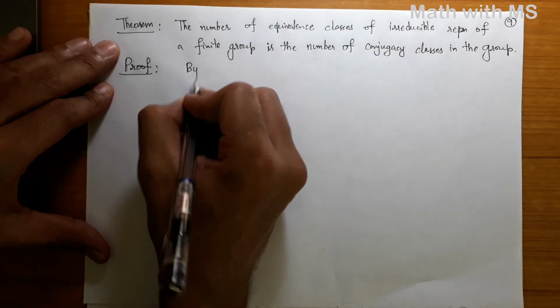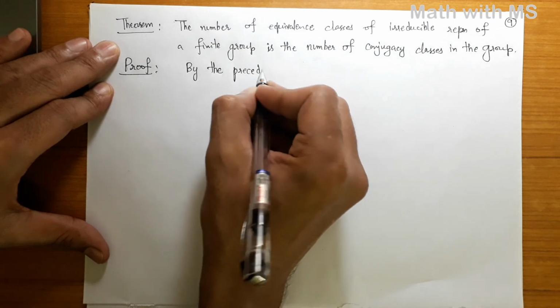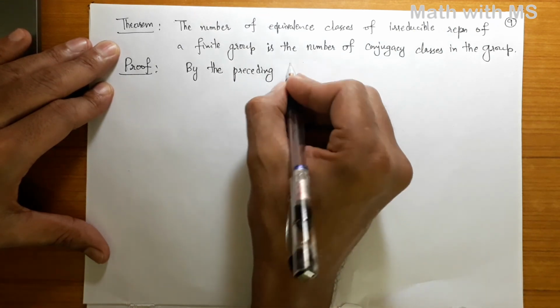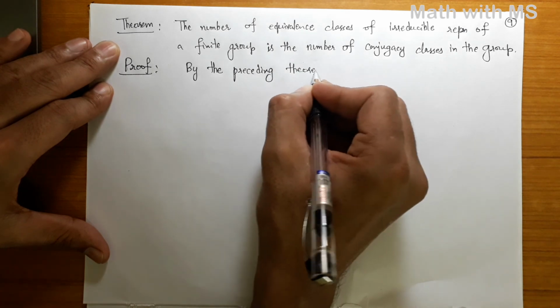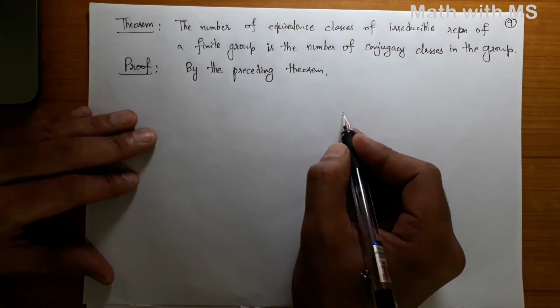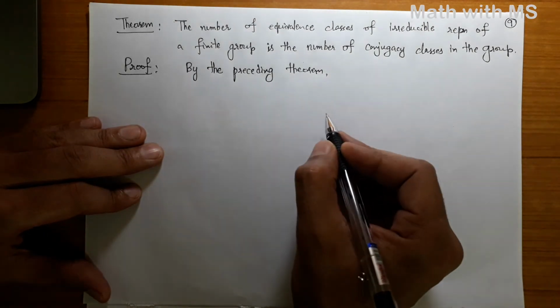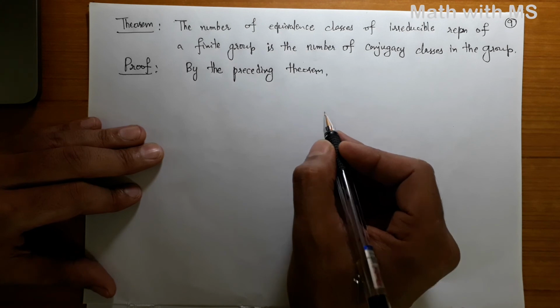By the preceding theorem, the characters of all inequivalent irreducible representations of the group form an orthonormal basis for the center of the group algebra.